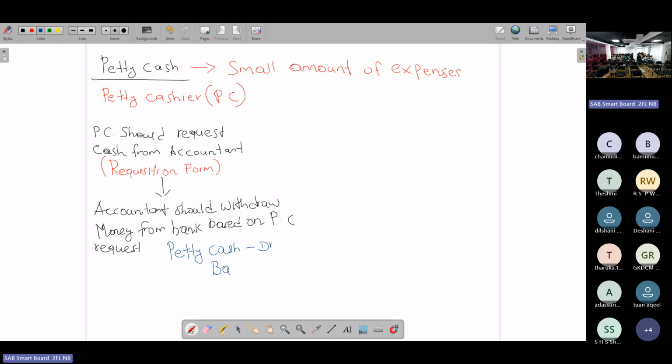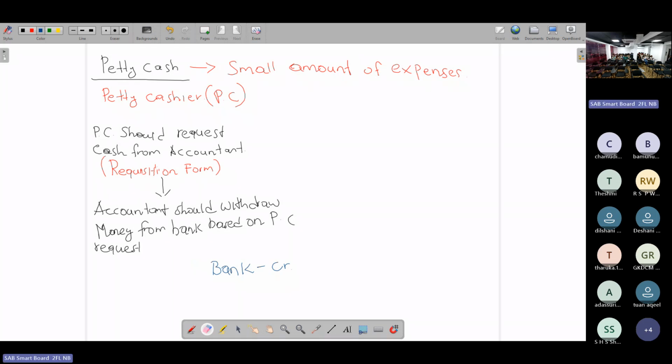Which means petty cash account debit, relevant bank account credit. You should pass this. Otherwise, write first like this. Otherwise, you will get confused.